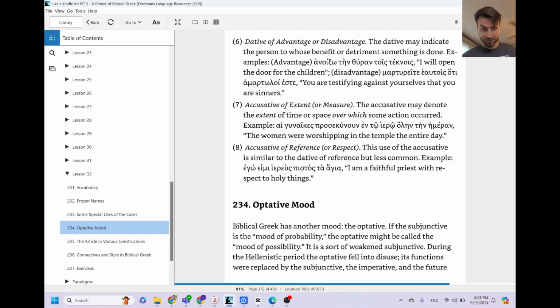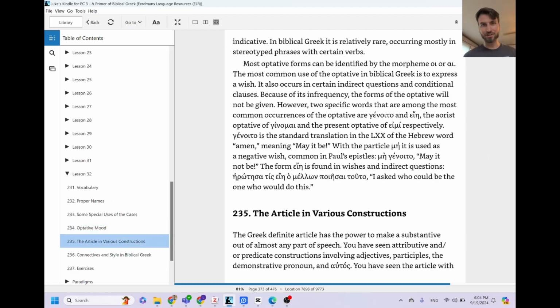Okay, we're on to 234, which is about the optative mood. This is the last mood, finally here at the end, and it's just a short two paragraphs. It doesn't even give you any forms because they rarely show up in the New Testament. Really, it's only the forms of genoito, which means may it be, or eie, which means may be. And pretty much the optative is only used in prayers in the Bible.